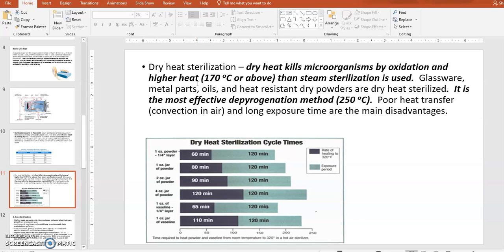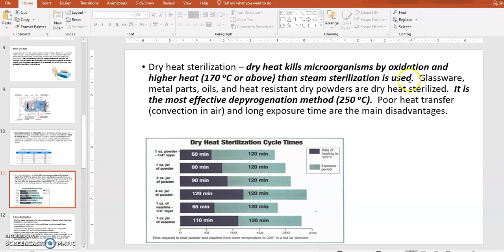If you do not use steam heat and use dry heat instead, dry heat can also kill microorganisms through oxidation. But since dry heat is transmitted much less efficiently, you have to use higher heat, like 170 degrees or above.